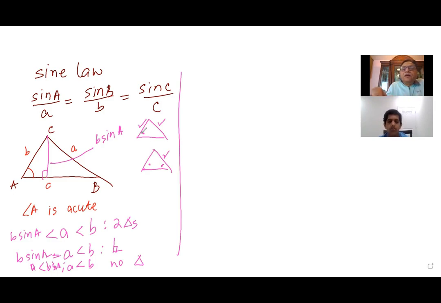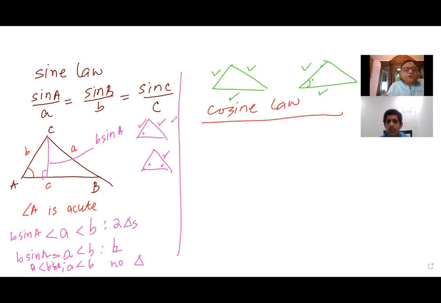However, if only three sides are known to us, or if we know an angle and two sides, then we use cosine law. So cosine law formula is a square equals b square plus c square minus 2bc cos A.